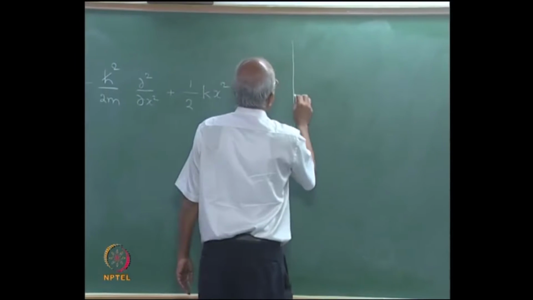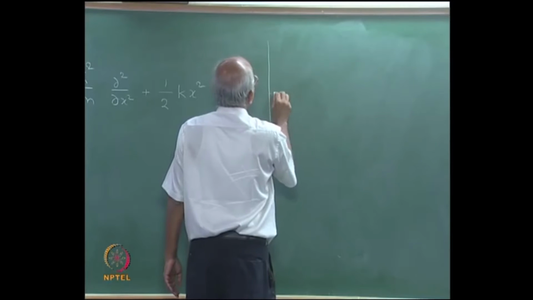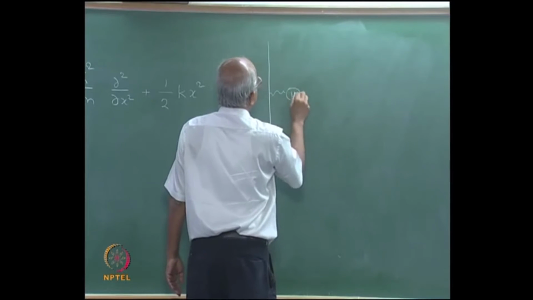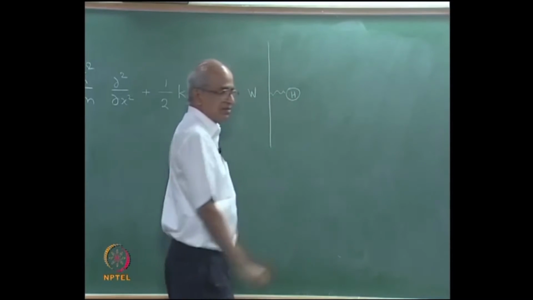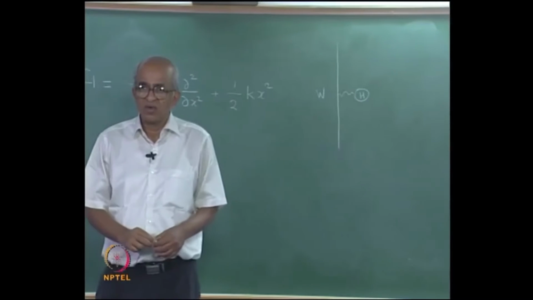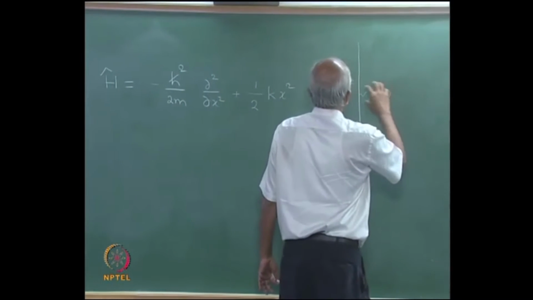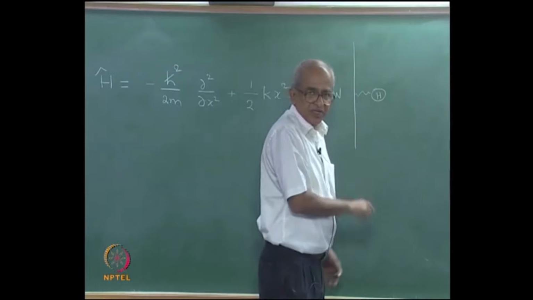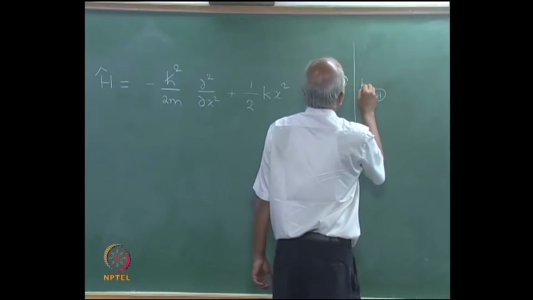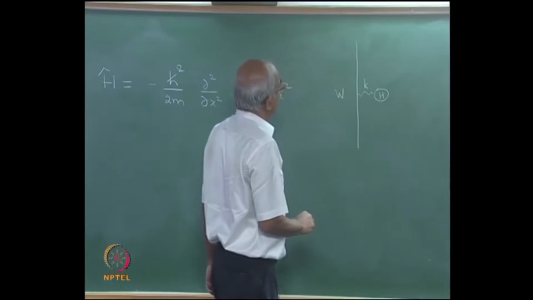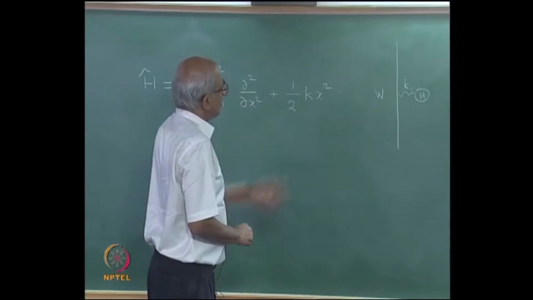I give you a physical example. This is a hydrogen atom attached on the surface of tungsten, and the bond between the hydrogen and the tungsten may be thought of as a spring with a force constant k. What do I mean by that?